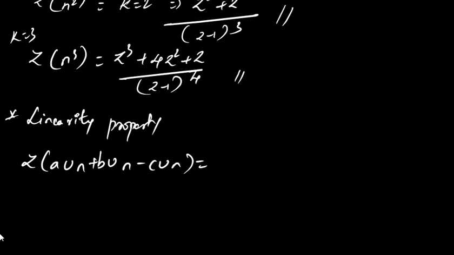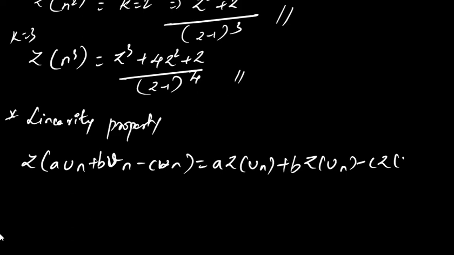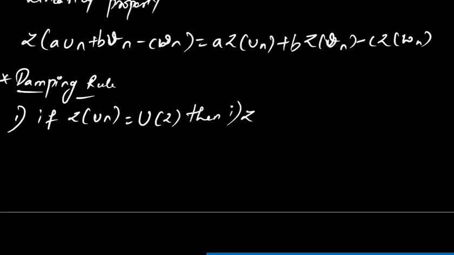So when I apply the linearity property, it becomes a Z transform of un plus b Z transform of vn minus c Z transform of wn. So we change the functions to u, v and w. So we can take the transformation inside and keep the constants outside, the same steps as we used to do for differentiation.